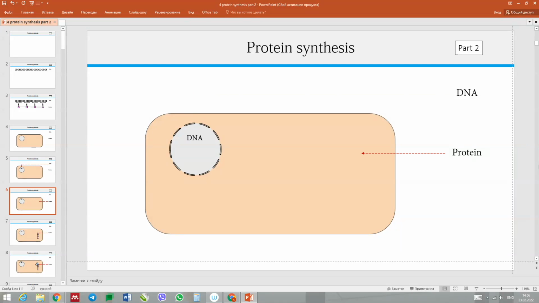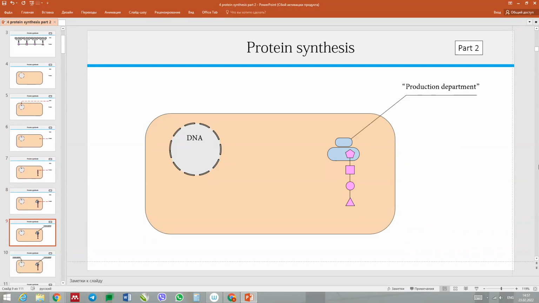However, protein should be synthesized inside of the cytoplasm, not inside of the nucleus. And this is a schematic illustration of the protein that is synthesized on the ribosome inside of the cytoplasm. In a simplified way, we can say that the ribosome is kind of a production department, while the nucleus, once again in a very simplified way, is kind of an information department.